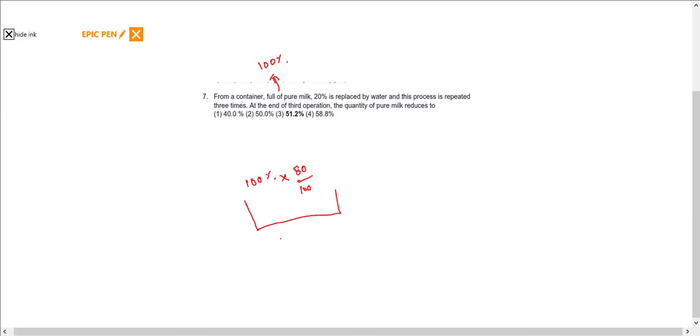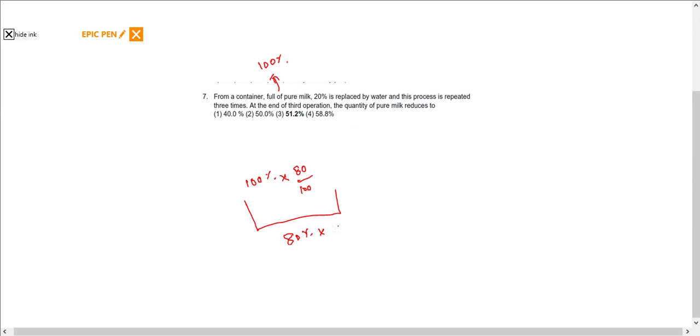So I'm going to contain some percentage of purity here. I'm getting 80% pure milk after the first operation, and I'm throwing 20% of it out, and 80% is going to remain.